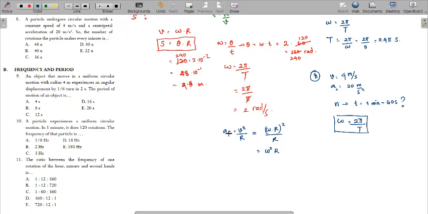This is also centripetal acceleration. Oh, sorry. You can start using this one.